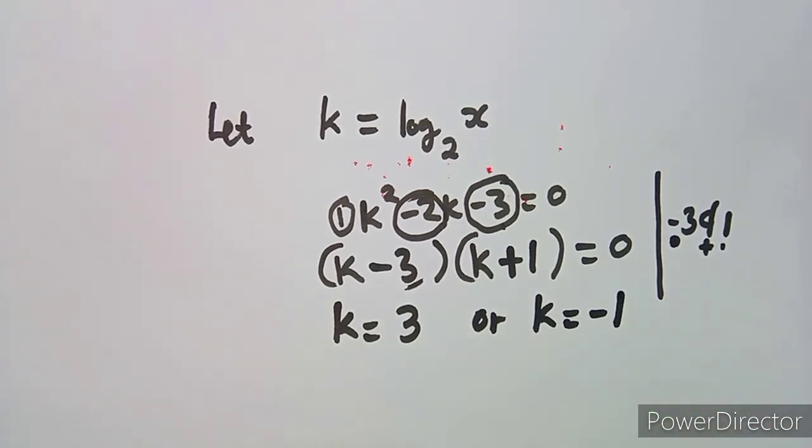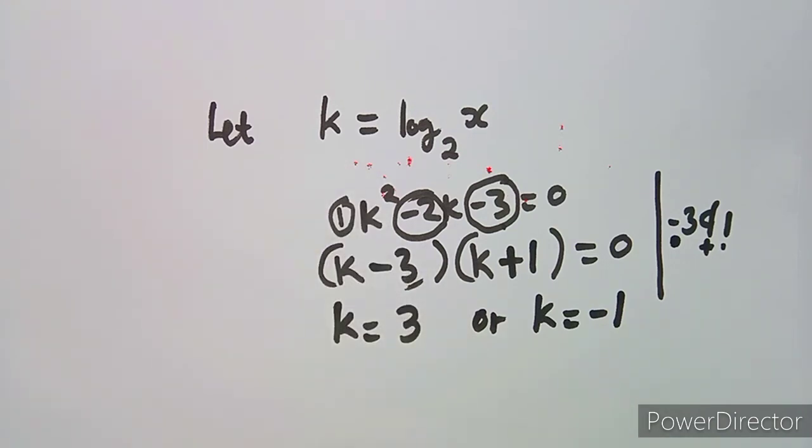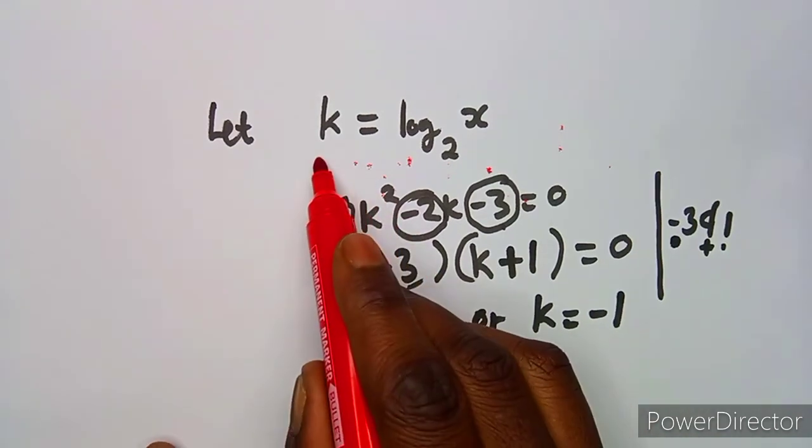Alright. This is it. What you have just found is not what you were asked to calculate. The question is asking you to solve for x. That was the equation. We introduced the k here to help us solve the logarithms.